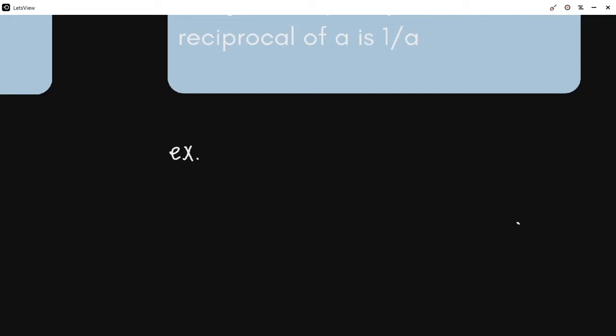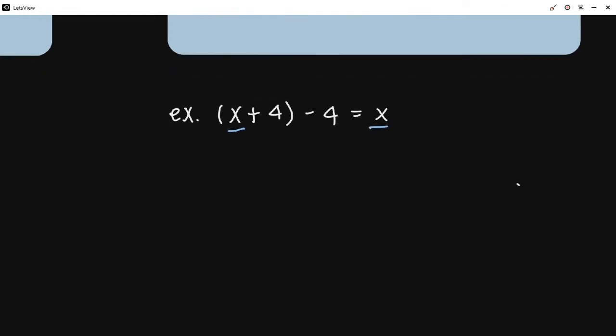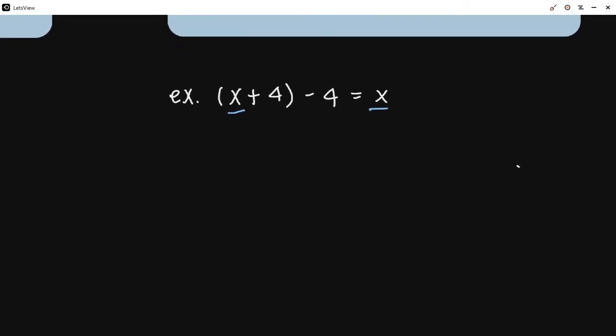Okay, let's do one more of these. So if we have x plus 4 minus 4 equals x. So again, x is still left in the problem, so that means I'll want to move the parentheses. So x plus 4 minus 4 equals x.